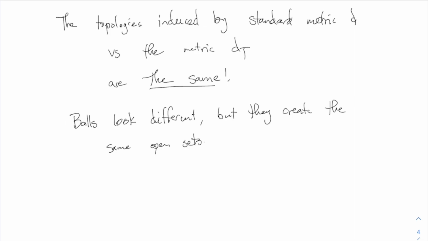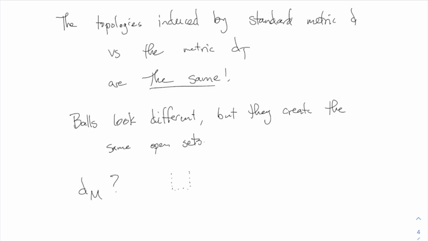What about the max metric? Remember that one? Is this again the same thing, or is it really different? Anybody recall what the balls look like for the D max metric? They look like little squares, yeah. So here the balls look like squares.